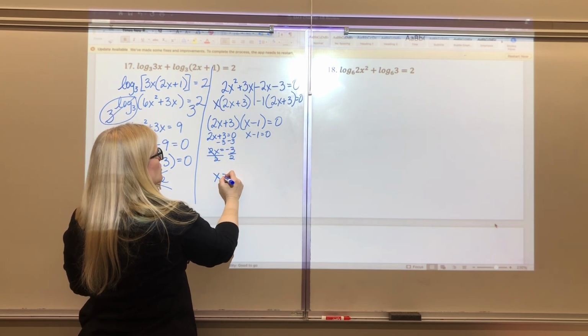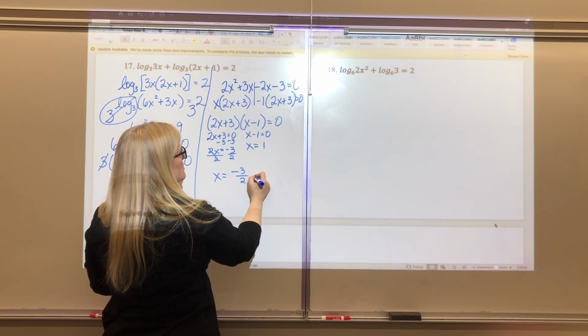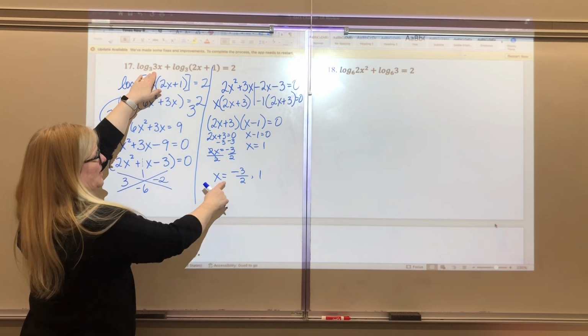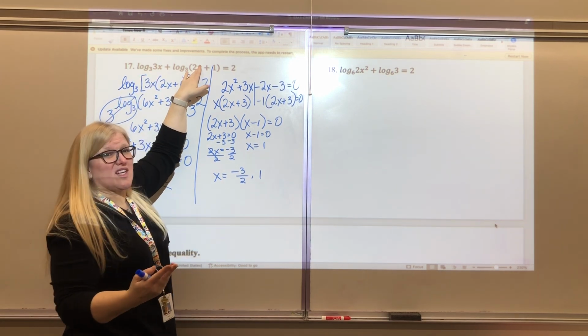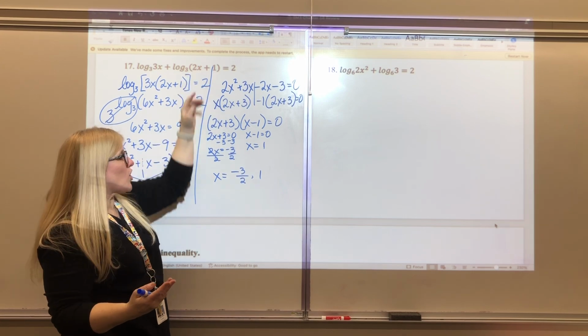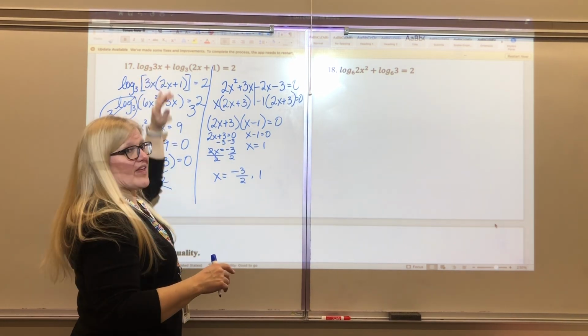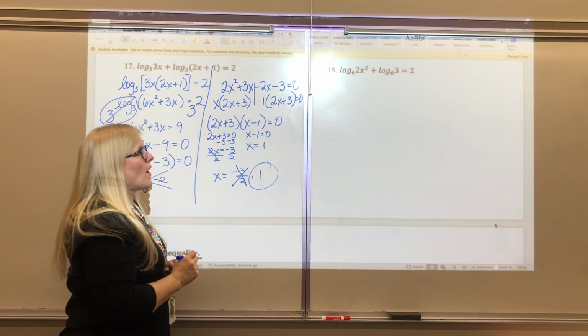So x equals negative 3 halves and 1. All right, let's look at the original though. Negative 3 halves times 3 gives me a negative. And you know what? I don't even really need to know what this one is. If this worked with the negative, it still doesn't matter because I have 1 that doesn't work. So the answer is 1.